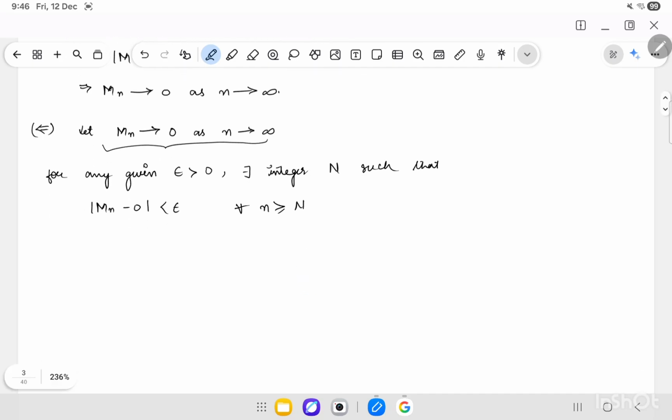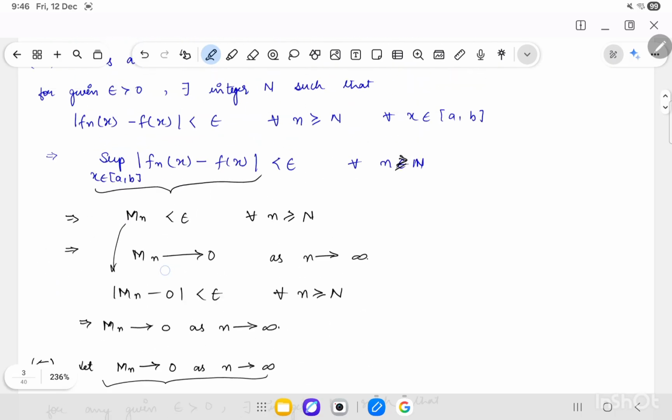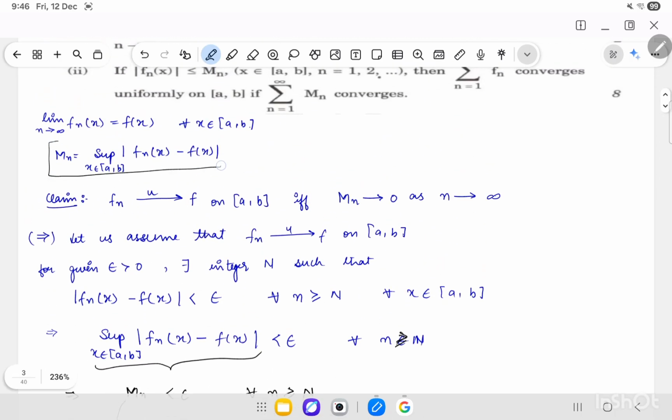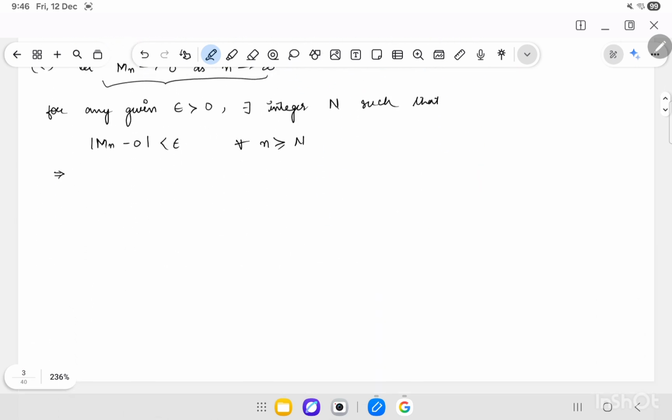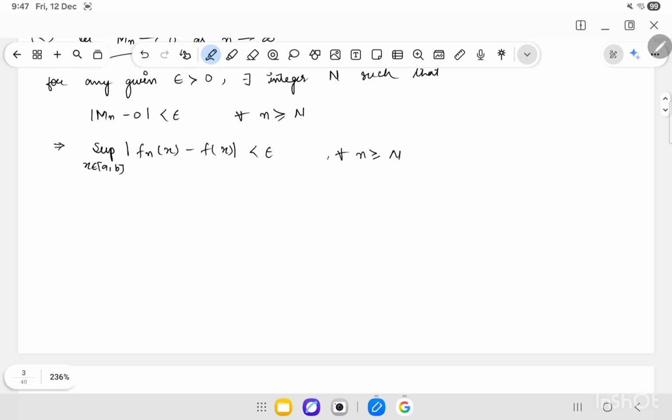If I substitute the definition of M_n that is given to us in the question, I'll get that the supremum of |f_n(x) minus f(x)|, over the closed interval a comma b, is less than epsilon for all n greater than or equal to capital N. Now we know that |f_n(x) minus f(x)| is less than or equal to the supremum of |f_n(x) minus f(x)| for all x in the closed interval a comma b.